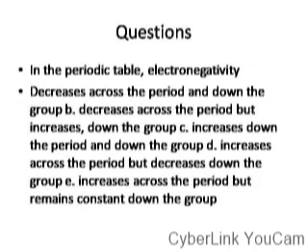In the periodic table, electronegativity what? A: Decreases across the period and down the group. B: Decreases across the period but increases down the group. C: Increases down the group and down the period. D: Increases across the period but decreases down the group. E: Increases across the period but remains constant down the group.